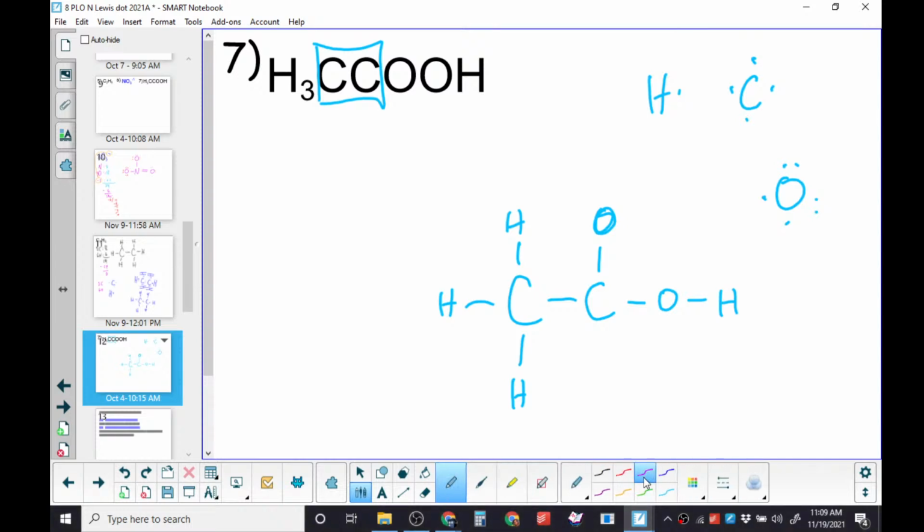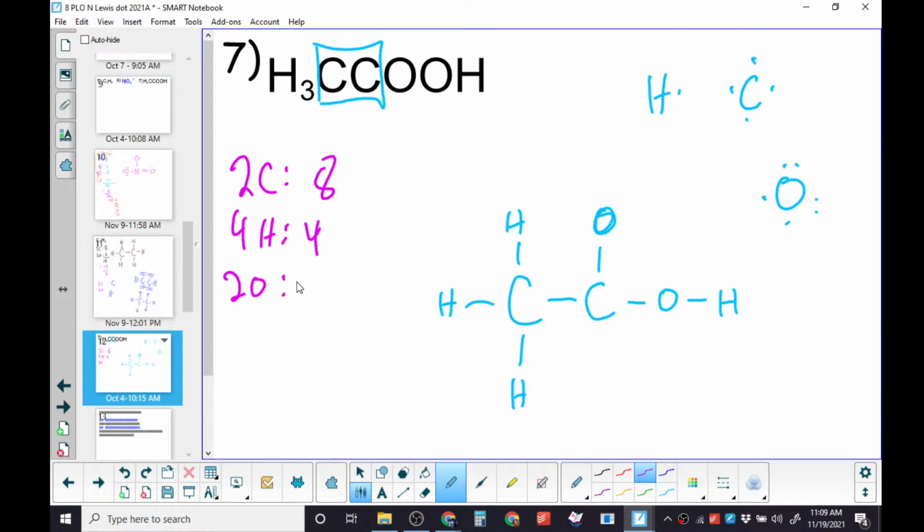Okay, so we have 2 carbons, and 4 hydrogens, and 2 oxygens, and there's no charge. So how many electrons from the 2 carbons? And from the 4 hydrogens?